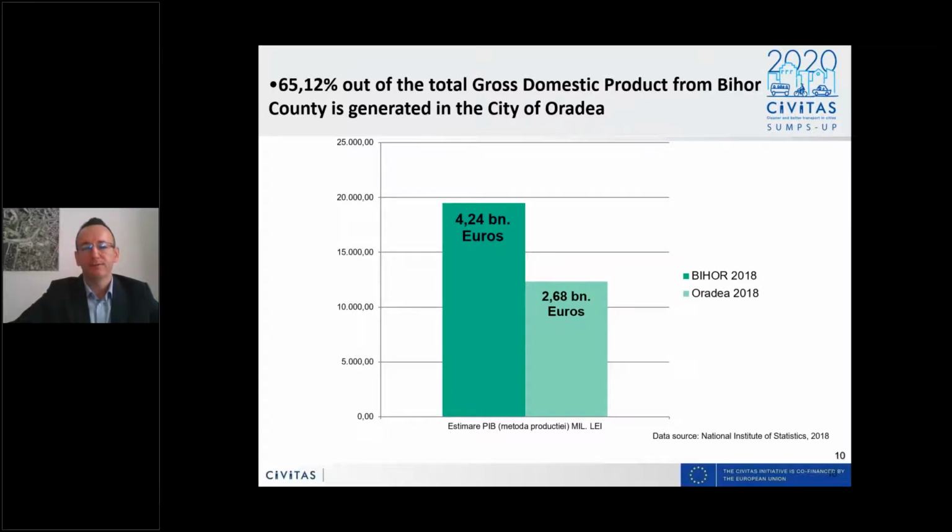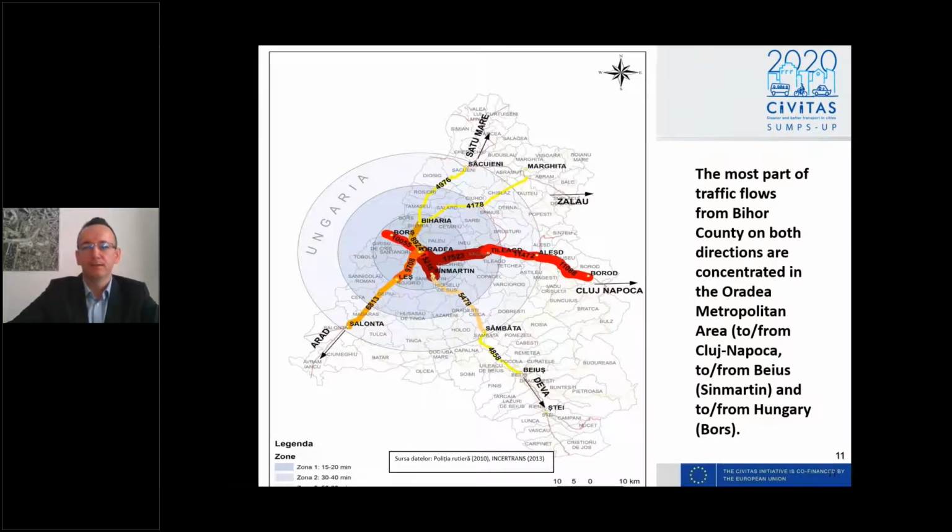More than 65% of the total GDP of Bihor County is generated at the level of the city of Oradea. Most flows from Bihor County in both directions are concentrated in the Oradea metropolitan area.